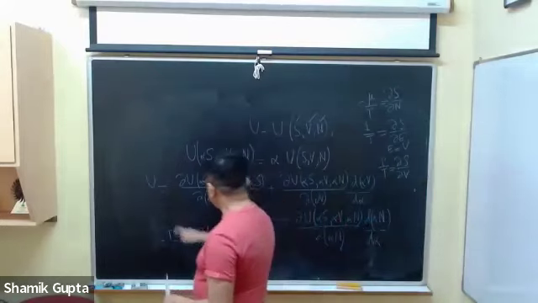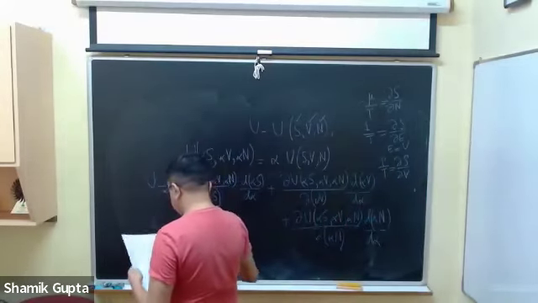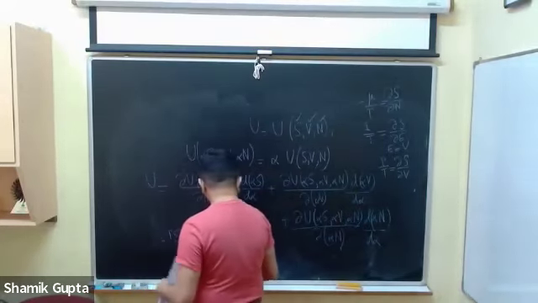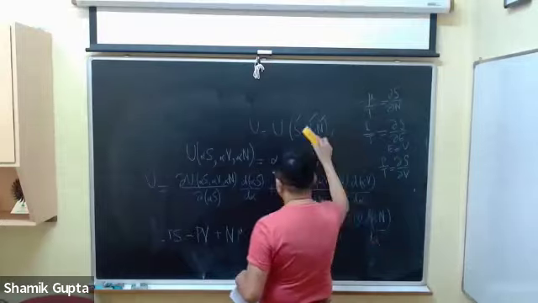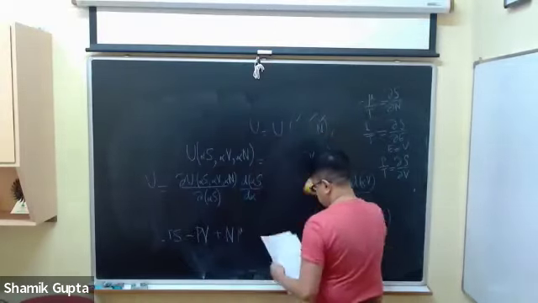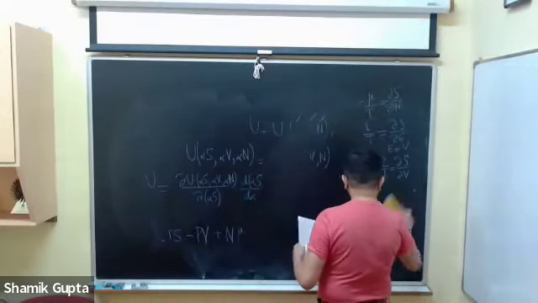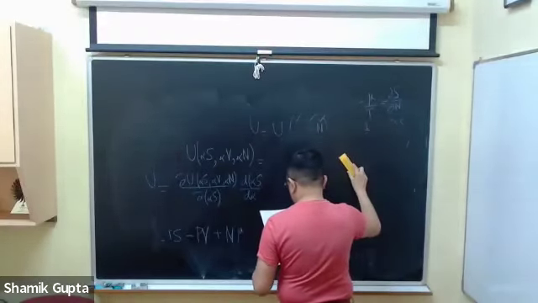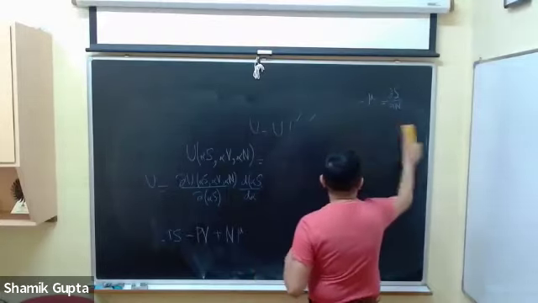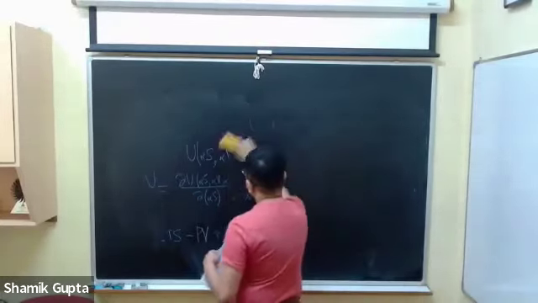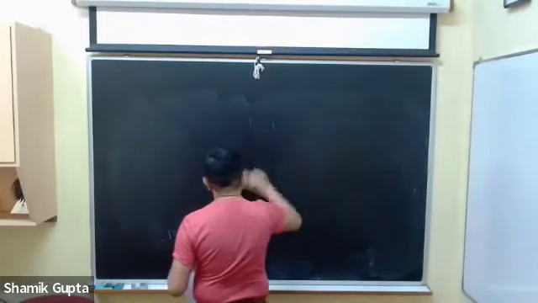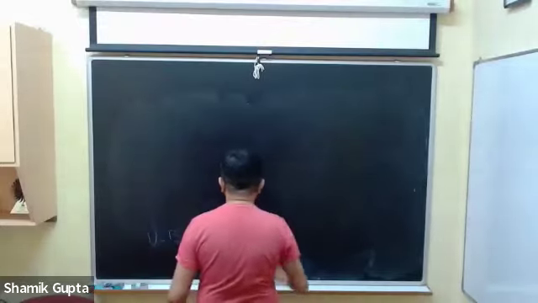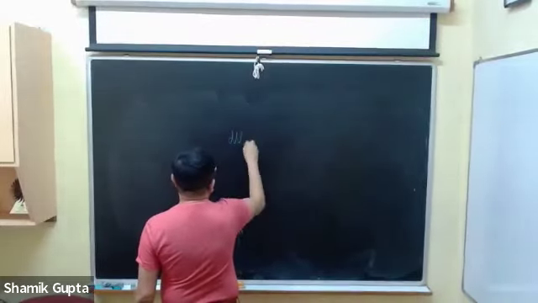This is what we get. U is equal to TS minus PV plus mu N. So therefore, if I now differentiate, dU I know what it is.